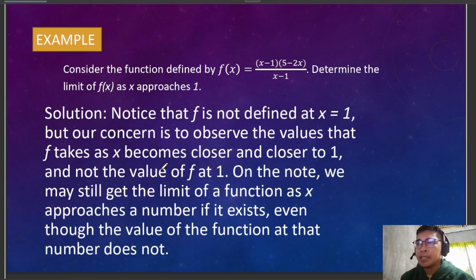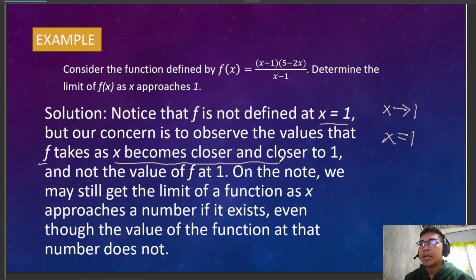Notice that f is not defined at x equals 1. So, what was given is that x approaches 1, not x equals 1. Now, our concern is to observe the values that f takes as x becomes closer and closer to 1.